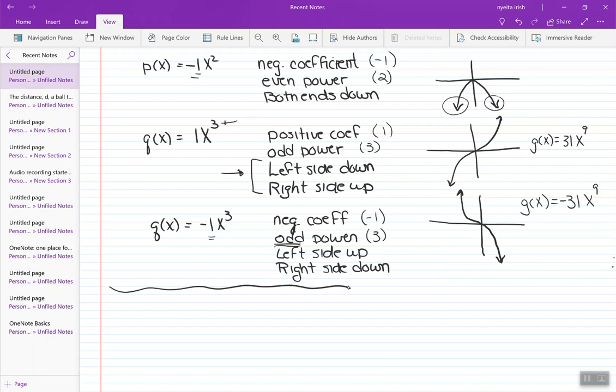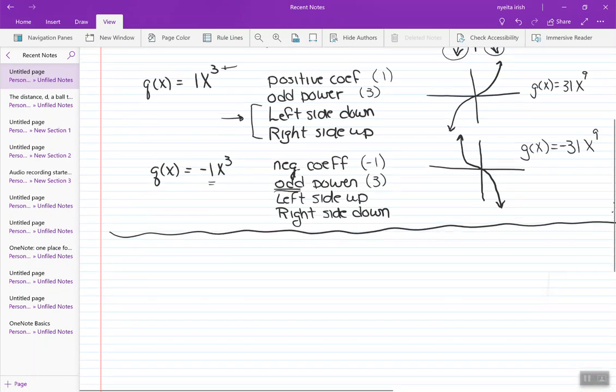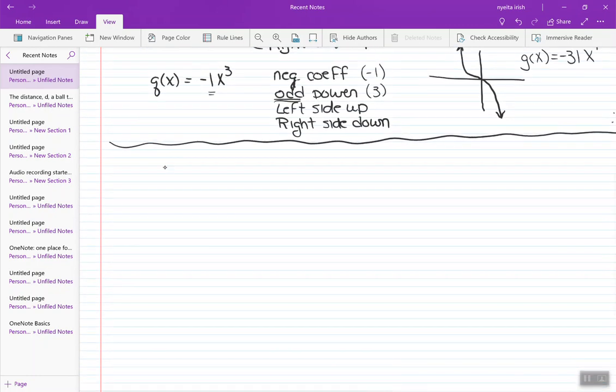This is true for bigger polynomial functions that we're going to be talking about later. So for example, if I have g of x equals -31x to the 9th plus 12x to the 8th minus 7x to the 5th plus 2x minus 27.